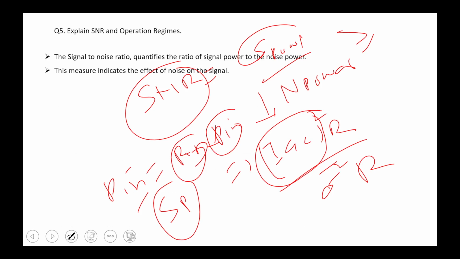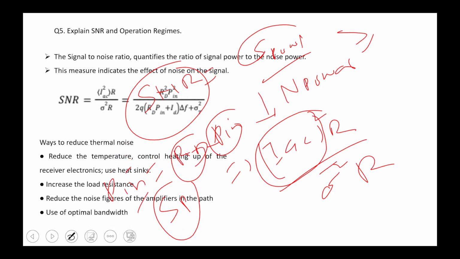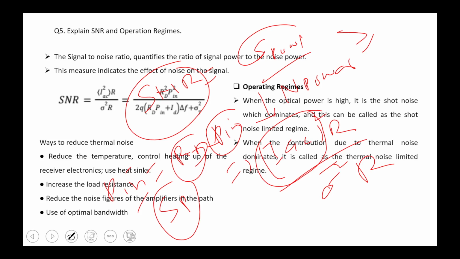So the signal to noise ratio I already explained, this is the formula. This is the method to reduce the thermal noise. We have two operating regimes in a photo detector. One is the thermal noise operating regime and another is the shot noise operating regime.